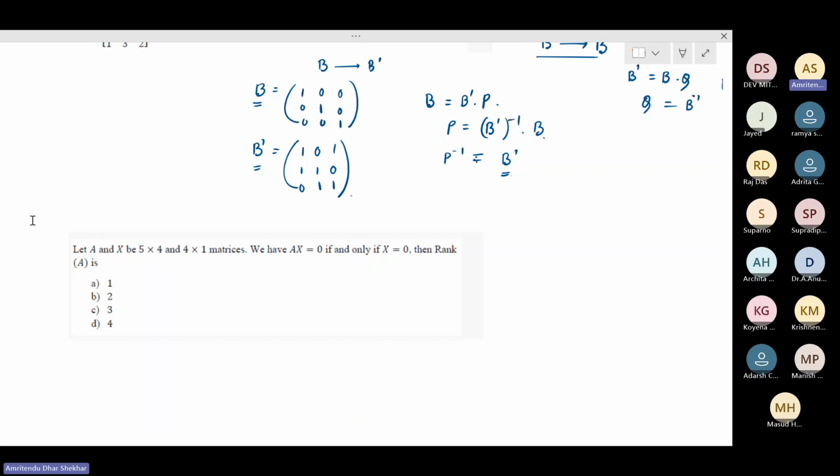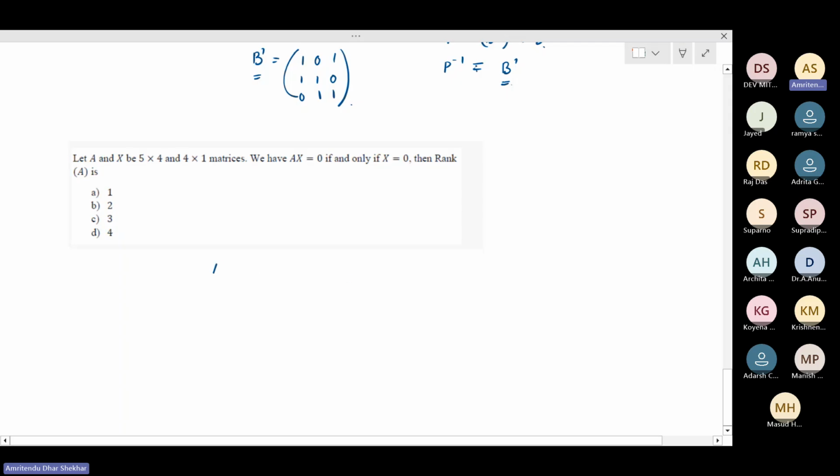So you can think of A as being a map from R4 to R5.